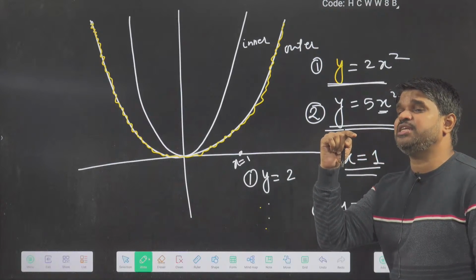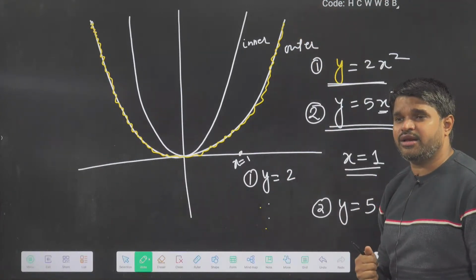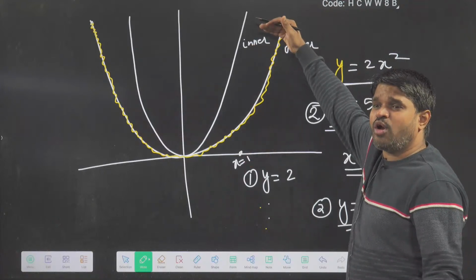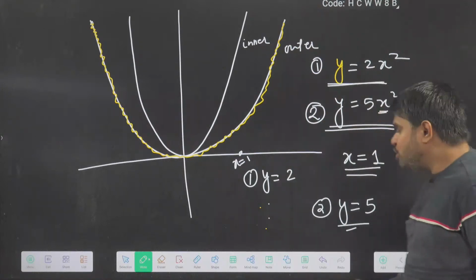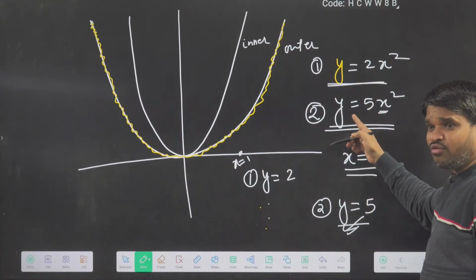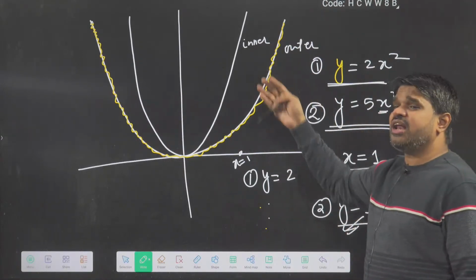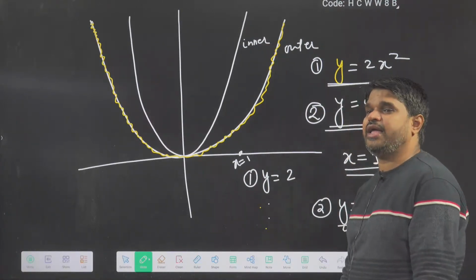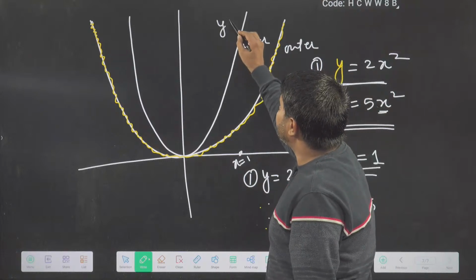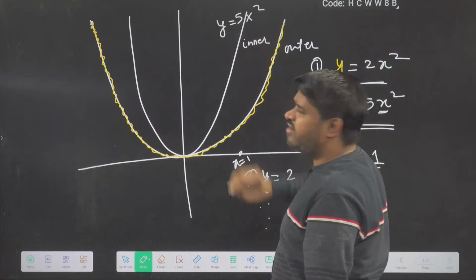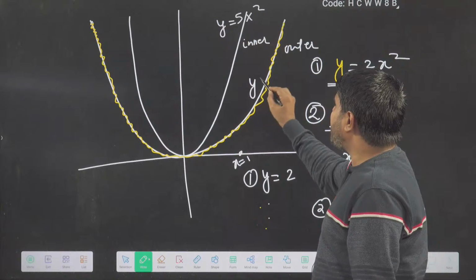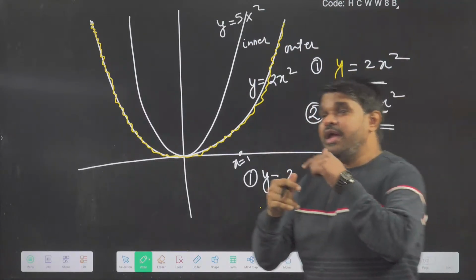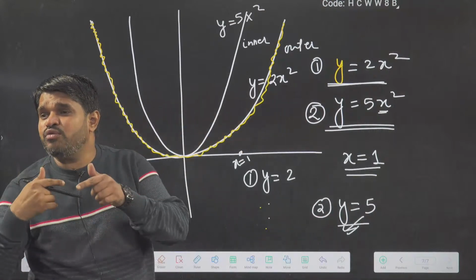Higher value of y means the graph should be higher, the more you go away from the x-axis. Which graph looks higher? The inner graph. So the inner parabola should be y equals 5x square and the outer parabola should be y equals 2x square.